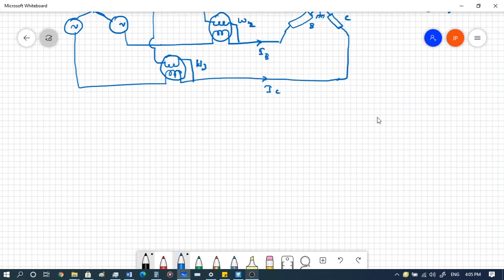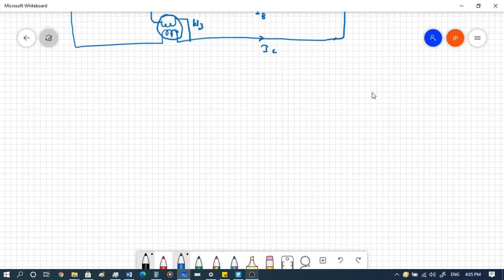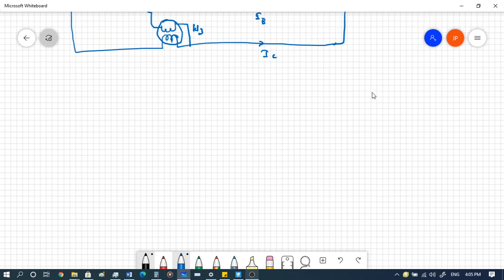So in that case, you can go for something known as the 2 wattmeter method. So let's look at that as well. 3-phase 3-wire system with 2 wattmeter method.